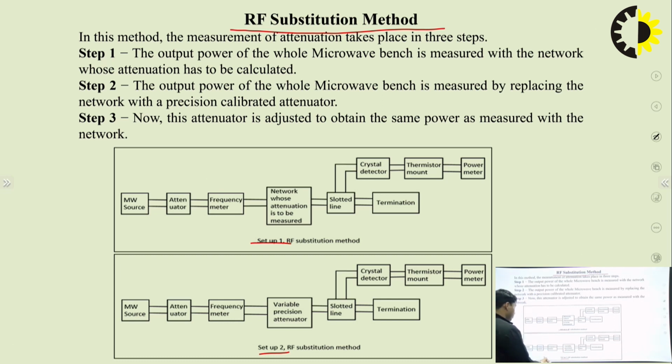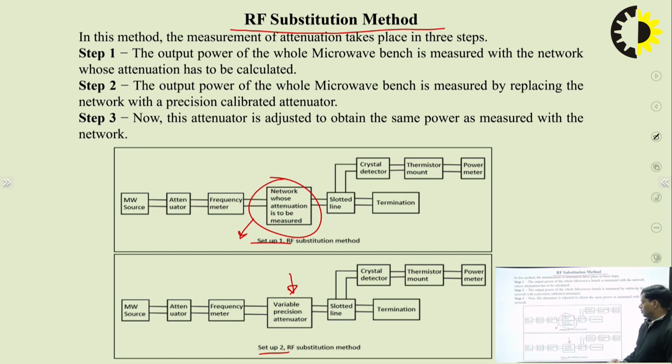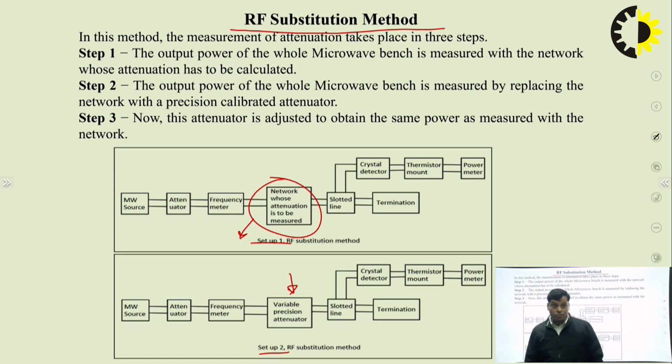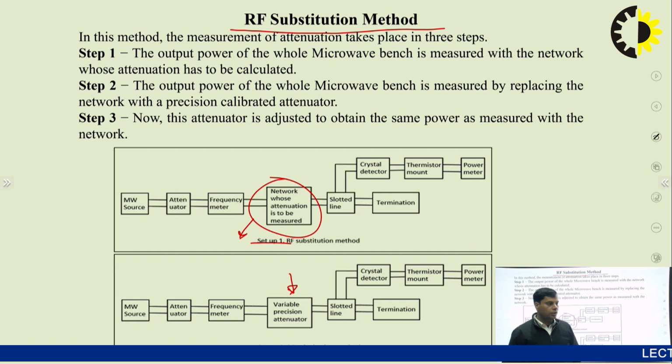Now in setup 2, in the RF substitution method, the network whose attenuation is to be measured is replaced with the variable precision attenuator. That is the one change between these two setups. In the first step, the output of the microwave test bench will be measured with the network whose attenuation has to be calculated.